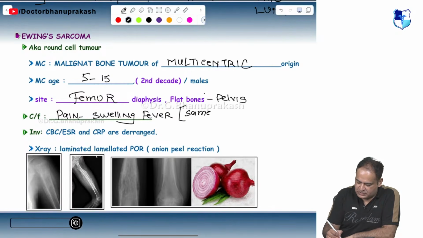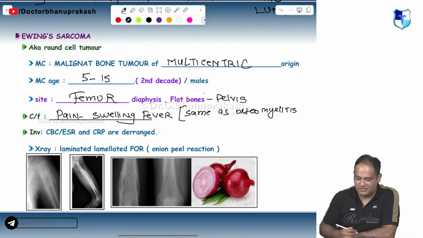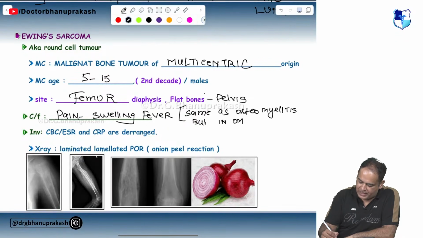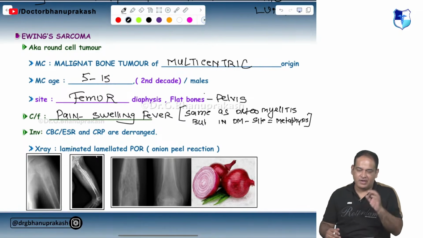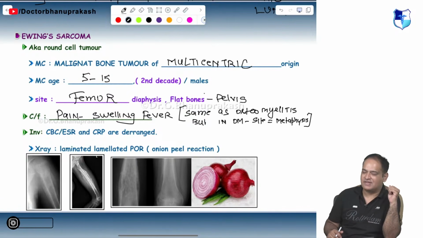That means same as osteomyelitis, but in osteomyelitis, what is the site? The site is metaphysis, and here the site is diaphysis.